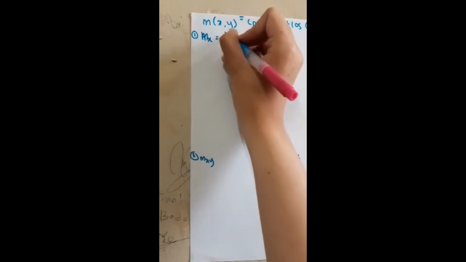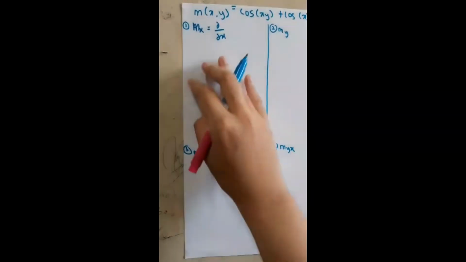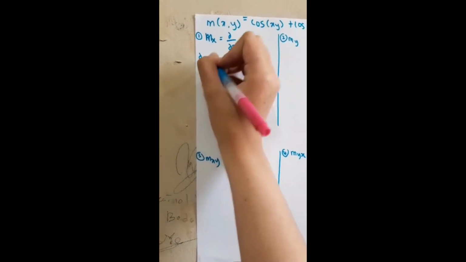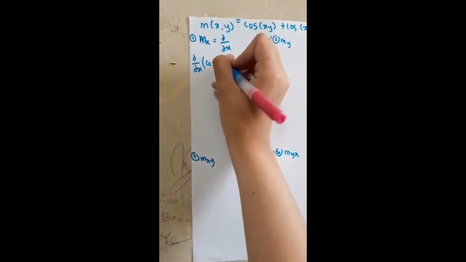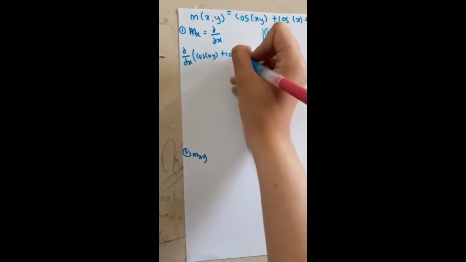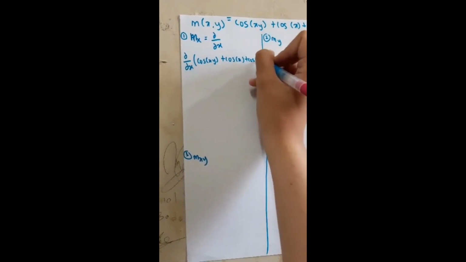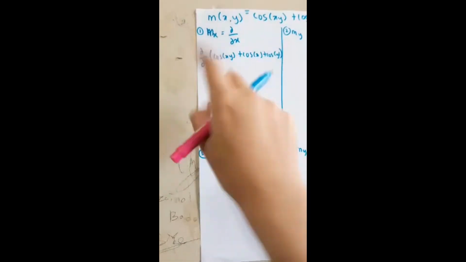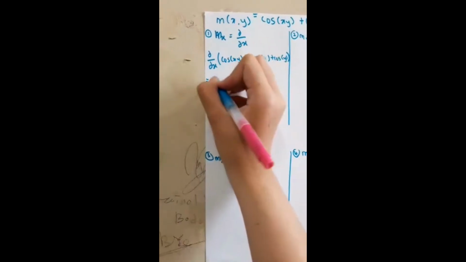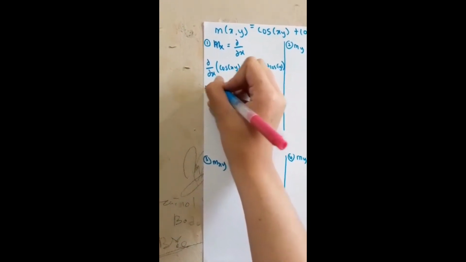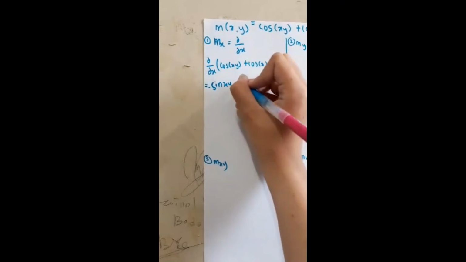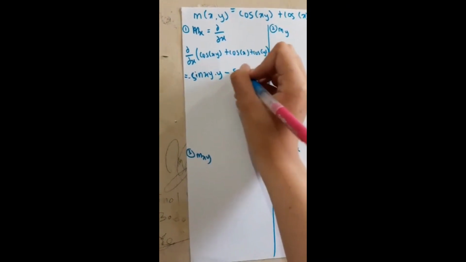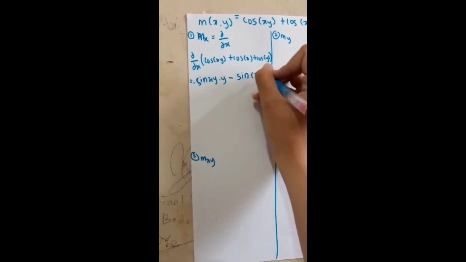The first thing, like I said before, is we must take out the formula first, which is del over del x. So del over del x of the given function cos xy plus cos x plus cos y. We differentiate with respect to x, so we get negative sine xy times y, minus sine x.